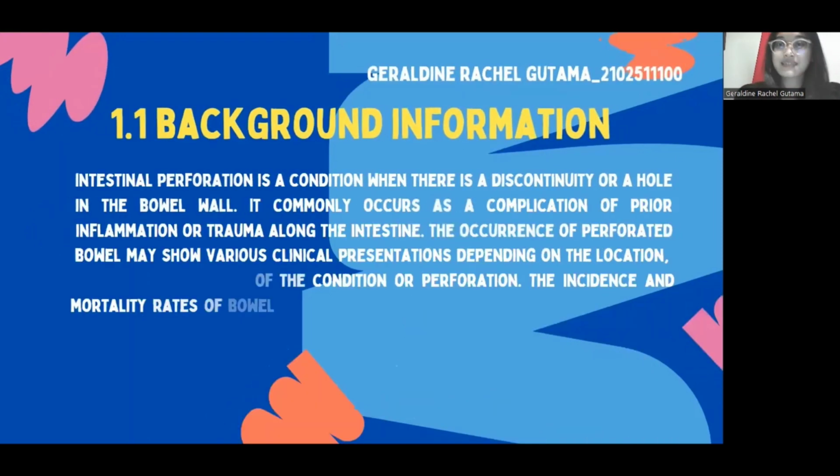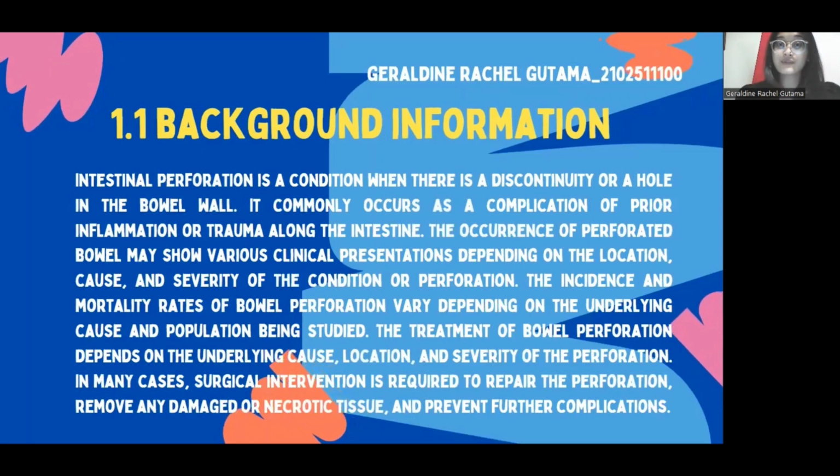So my name is Geraldine Rachel with the last 2 digits of student ID being 100, and I'm going to present first about the background information. So intestinal perforation is a condition when there is a discontinuity or a hole in the bowel wall. It commonly occurs as a complication of prior inflammation or trauma along the intestine.